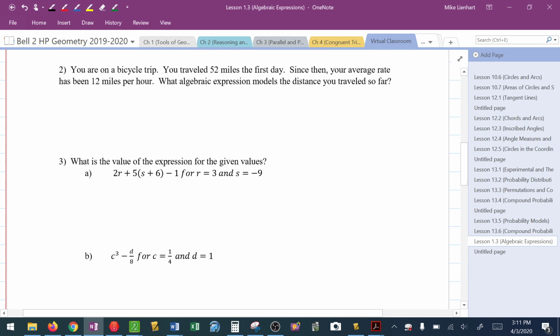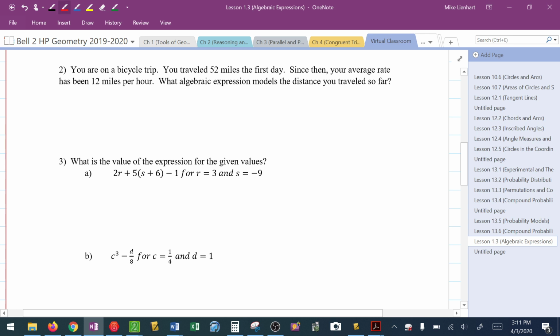Question number 2, you're on a bicycle trip. You traveled 52 miles the first day. Since then, your average rate has been 12 miles per hour. Write an algebraic expression that models the distance that you have traveled so far.